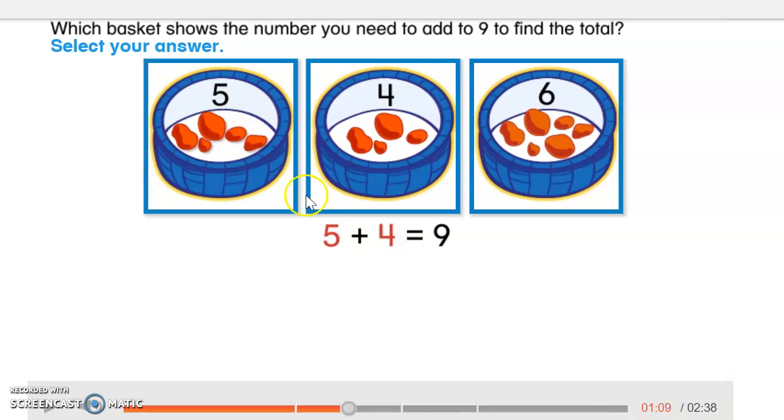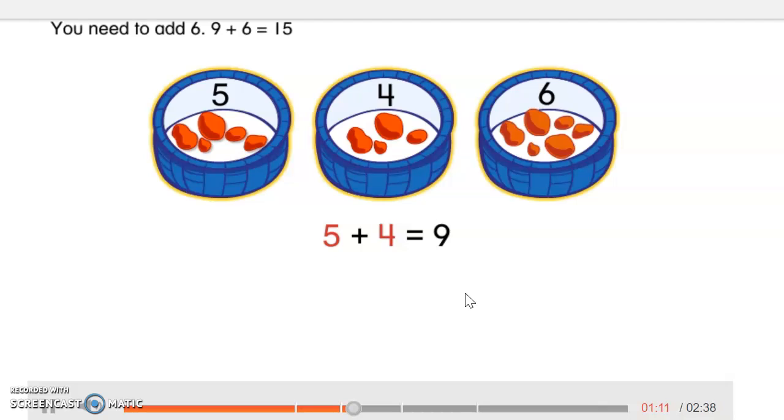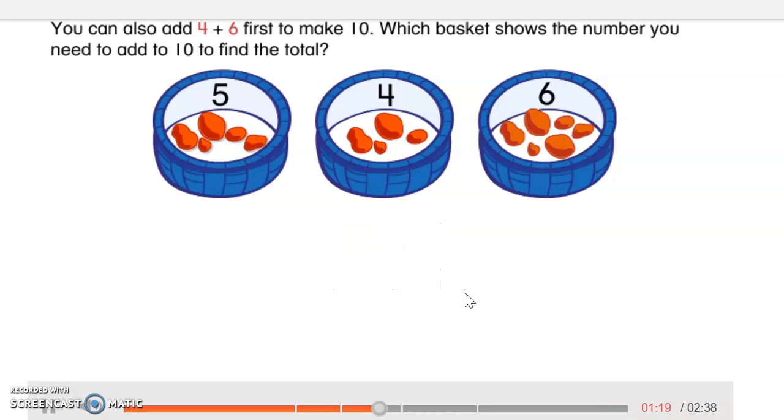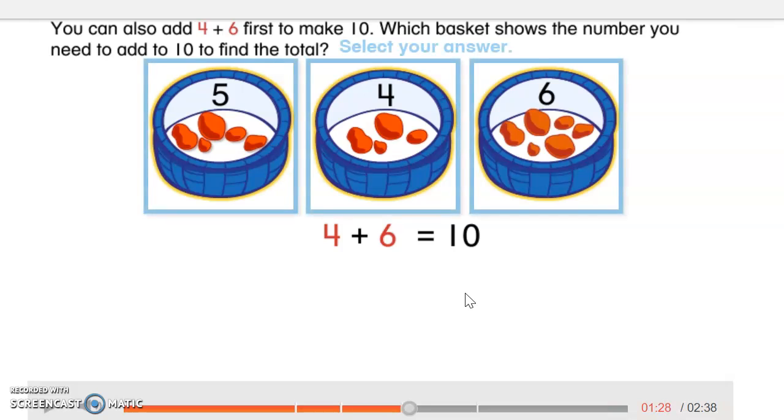Well, I already used the 5 basket, and I already used the 4 basket, so the only one I'm missing is the 6 basket. Well, this time I've used the 4 basket, I've used the 6 basket, so the only basket missing is the 5.